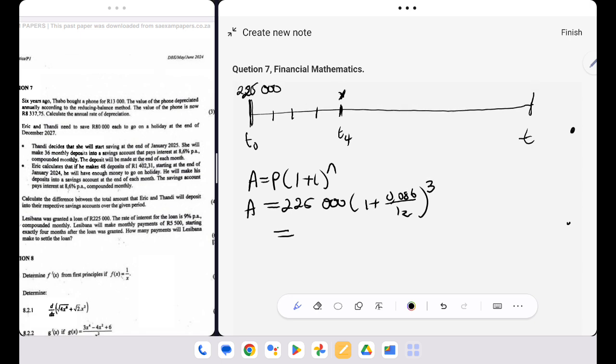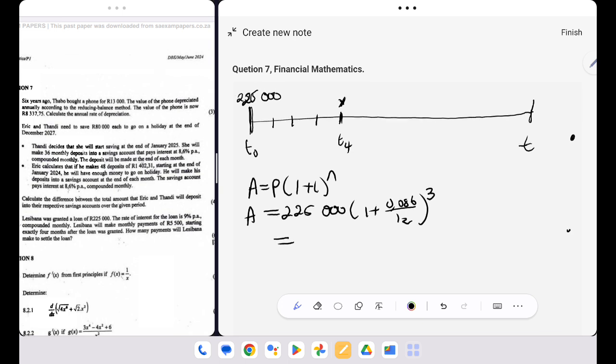Okay, so I can see I'm making a mistake. I'm taking the previous interest of 8.6%, the one of Utandi. Okay, the rate of it. Guys, writing data is important.